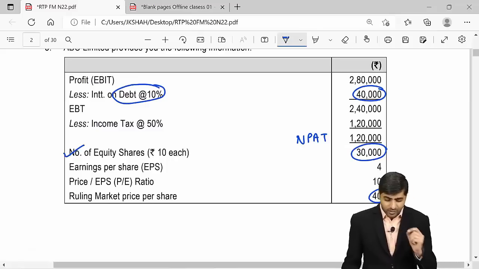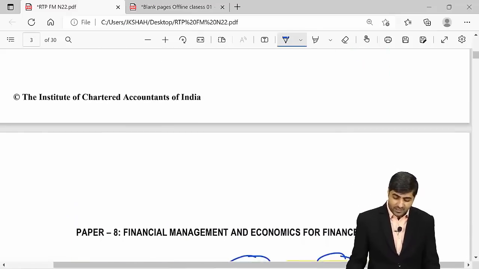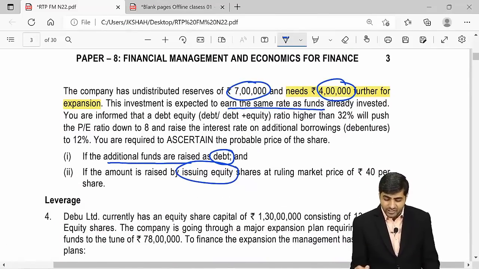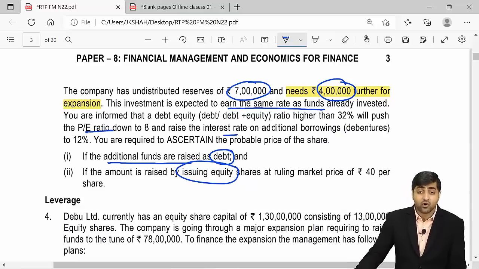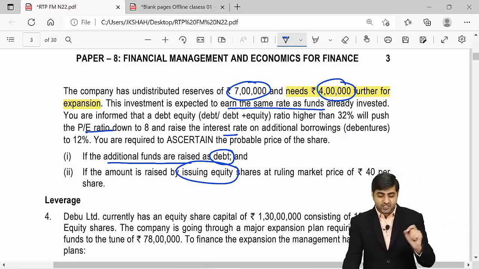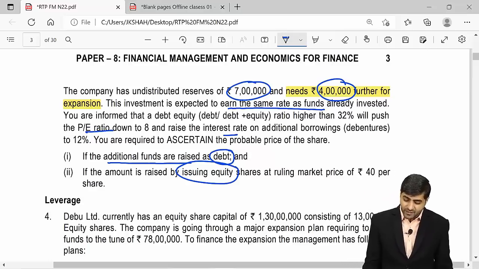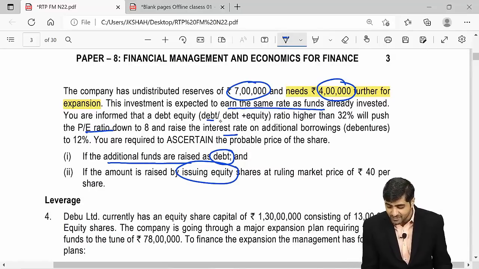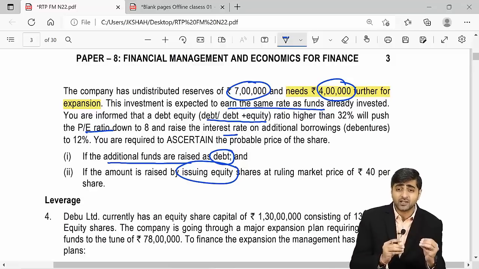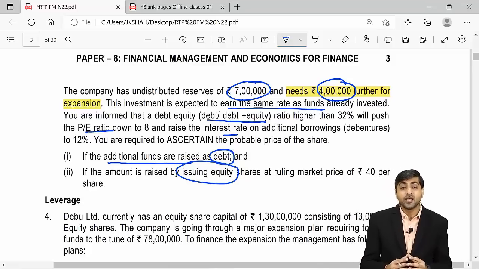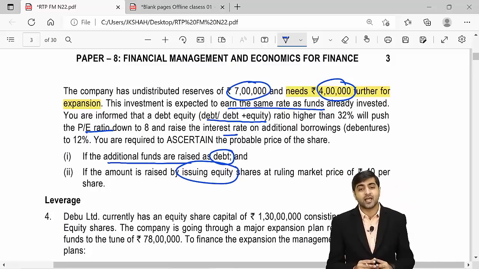So guys, one more important thing in this particular question is regarding your condition for P ratio and the additional rate of your borrowings. So in this question they have told you that if the debt equity, and that is nothing but debt upon debt plus equity, so that means your proportion of debt on the total capital employed, if it is higher than 32%, then there are two things which will happen.